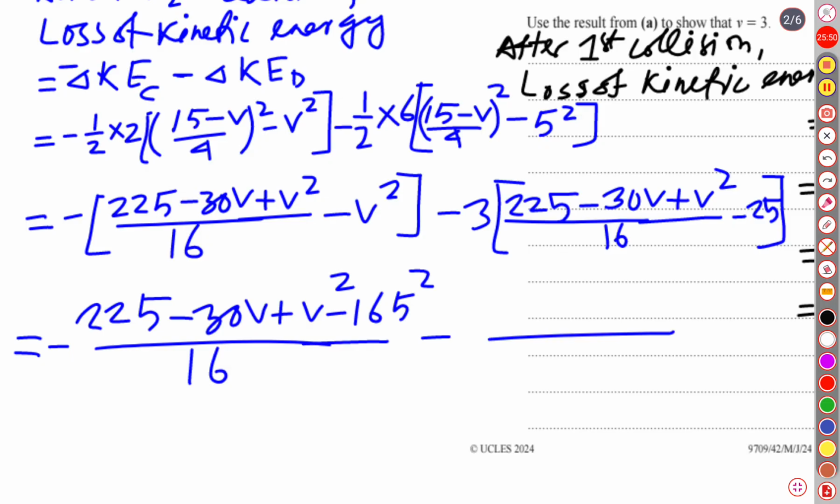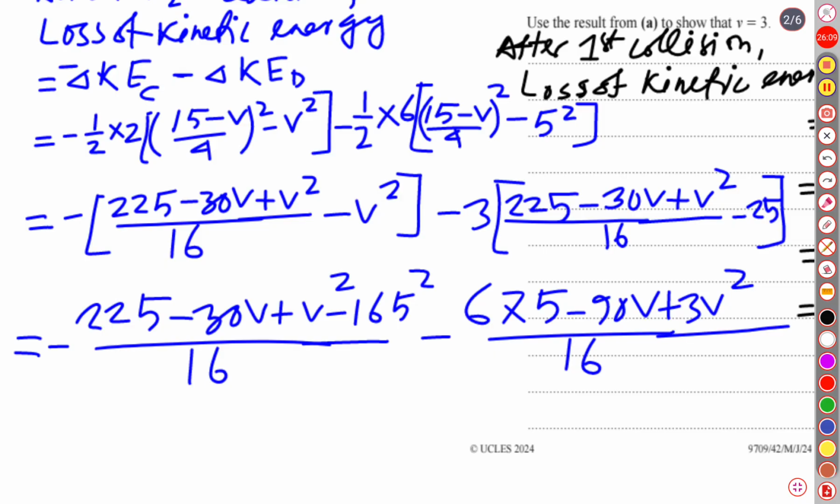Over here, if 16 is the denominator and we multiply by 3, it is going to be 675 minus 90v plus 3v squared. At the same time, if we multiply 25 by 16, it is going to be 400, and 400 threes are 1200. Sorry, it should be negative because we didn't dissolve the symbol, so it is minus 1200.